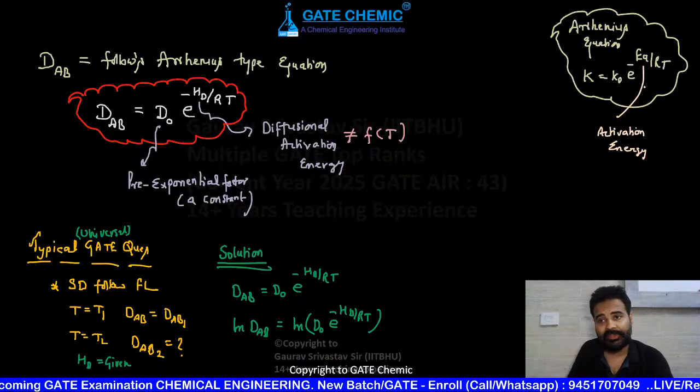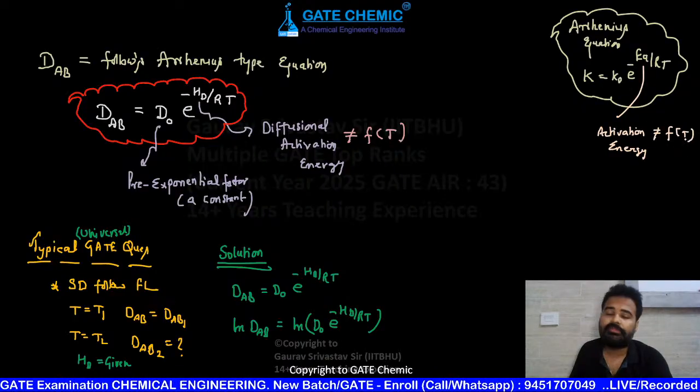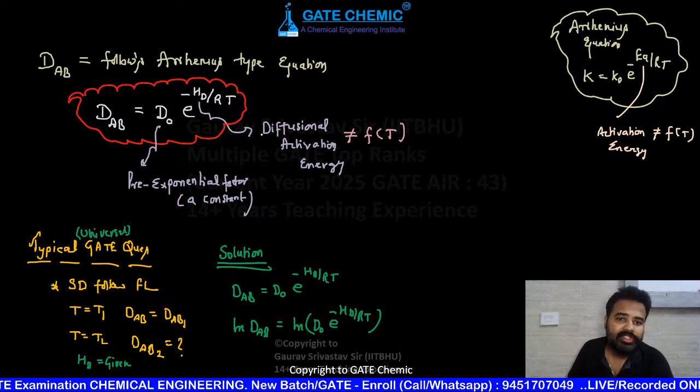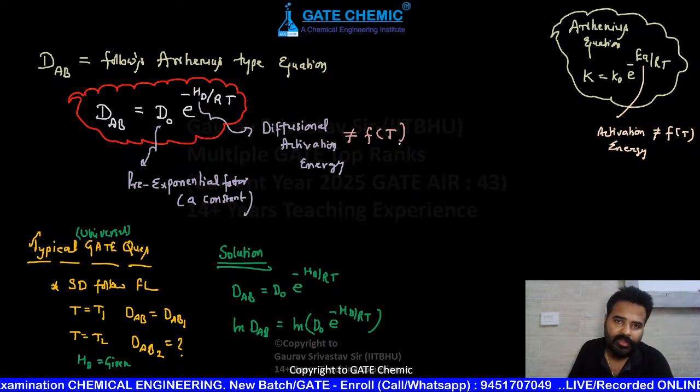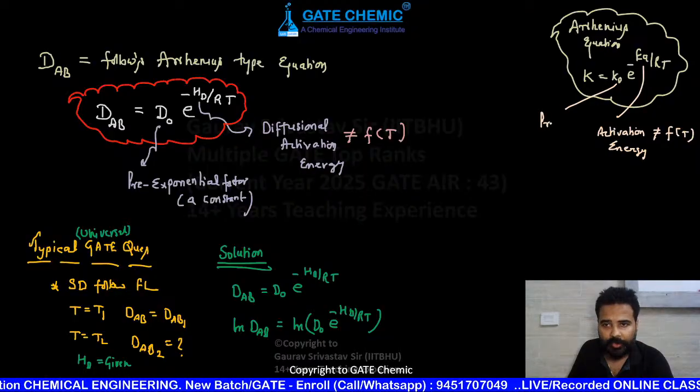In the previous case you saw that activation energy is normally not a function of temperature. Same here, this diffusional activation energy is also not a function of temperature. This D naught is the pre-exponential factor.